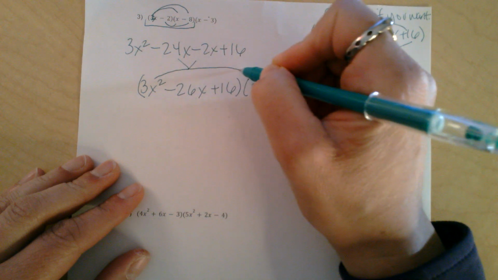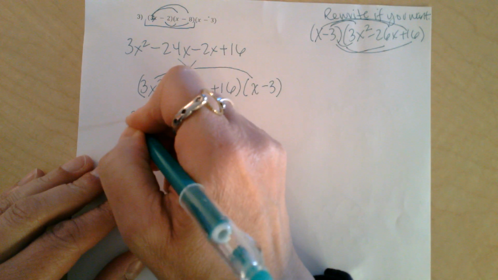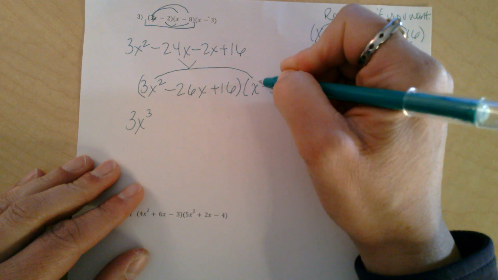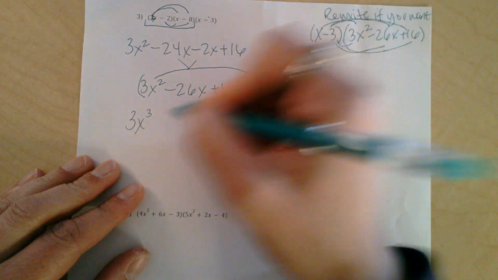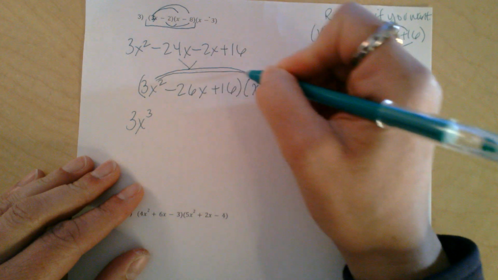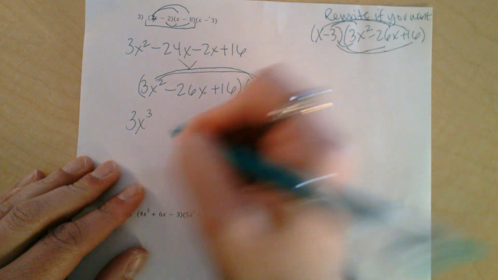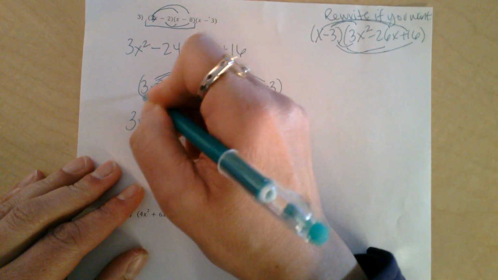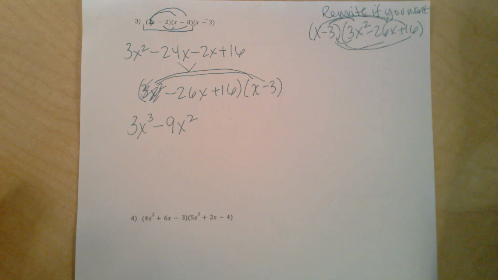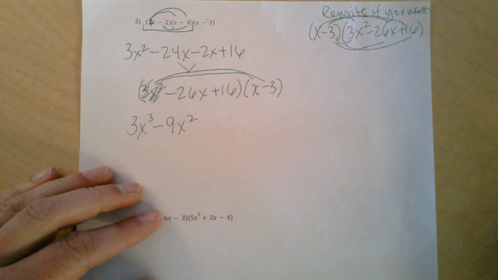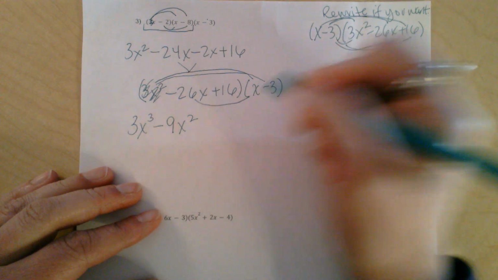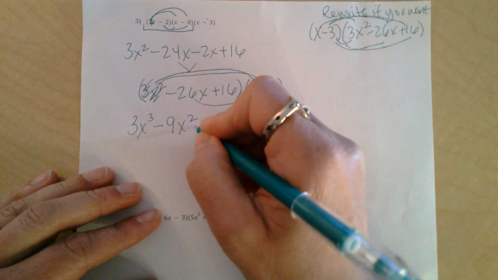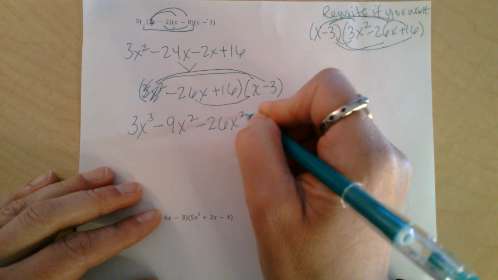All right, so I'm going to get 3x squared times x, which is 3x to the third. Remember, that's to the first power, so 2 plus 1 is 3. 3x squared times negative 3 is negative 9x squared. And this might even feel faster to people just because you're now multiplying by just 2. All right, negative 26x times x is negative 26x squared.